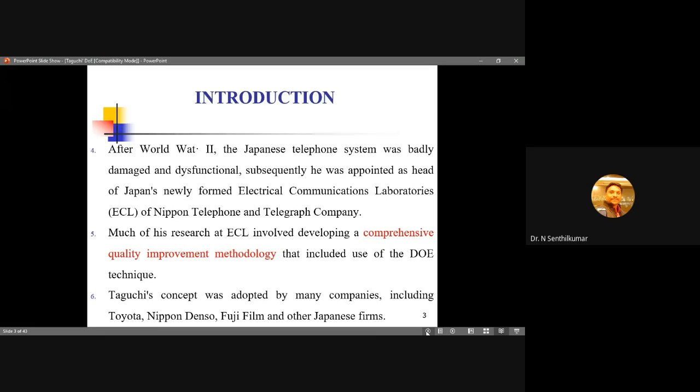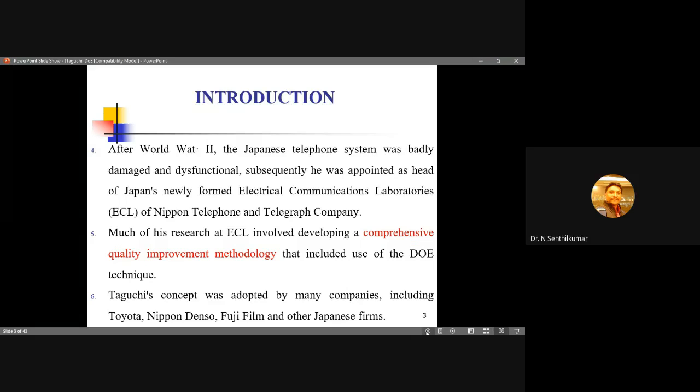Taguchi's concept of optimization with DOE was accepted by most manufacturing industries, and they adopted it. Even now, you can see IFB washing machines, or you can go to TVS. They use licensed versions of these Taguchi DOE softwares.